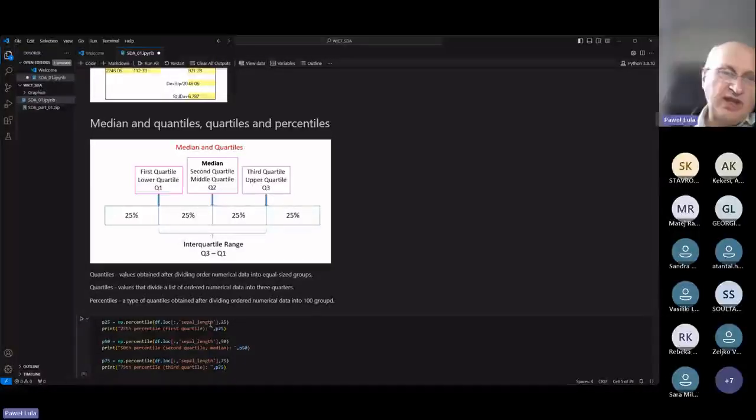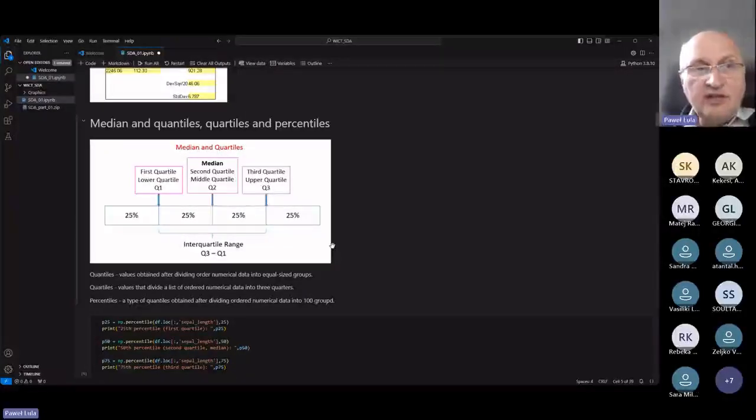So the first operation I should perform is a sorting operation. I have to sort all these values from the smallest to the biggest. And next, I should divide this list of sorted values into some parts.